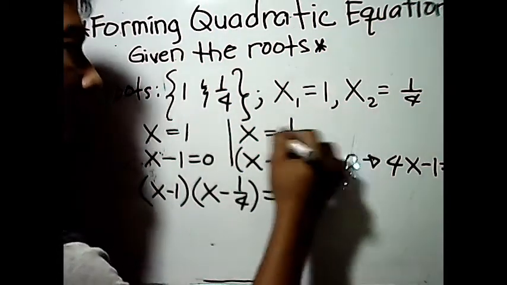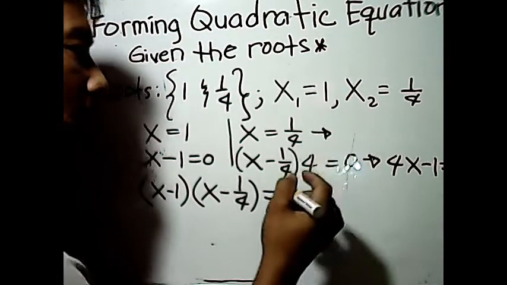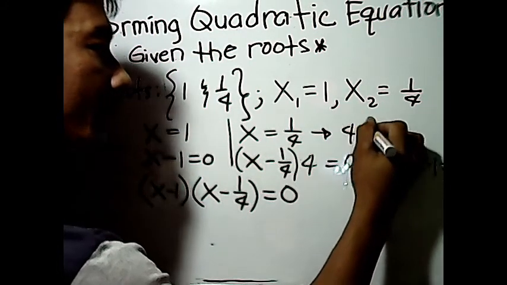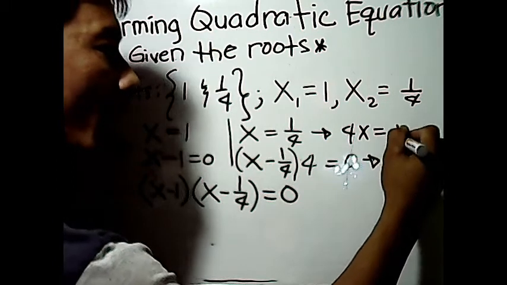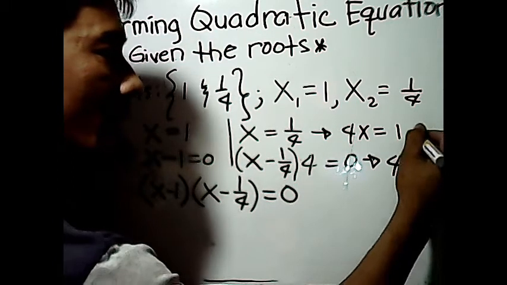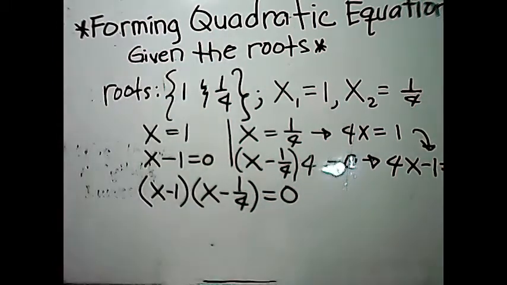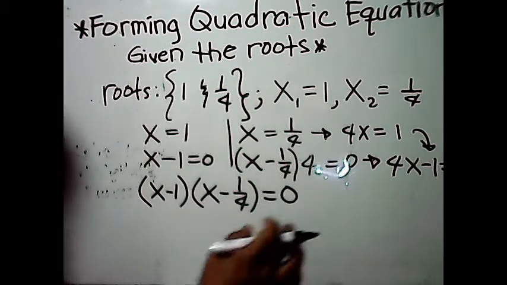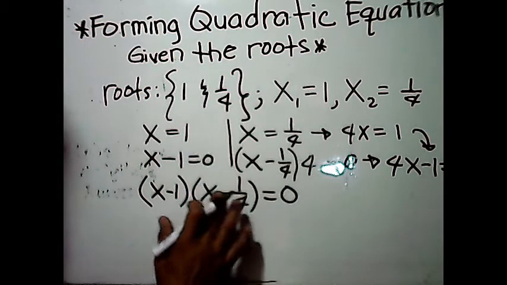So you can do it also here so that you will not be dealing with fractions. It becomes 4x equals 1. So that is now our binomial or our equation.